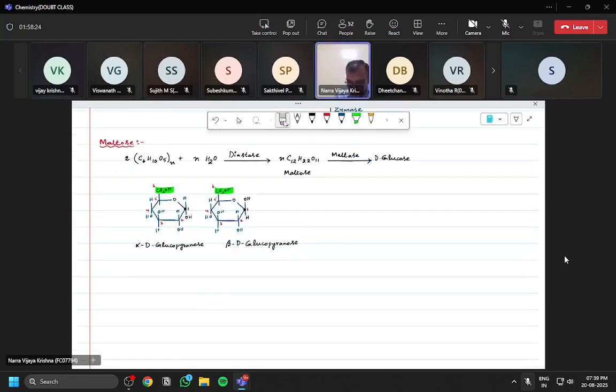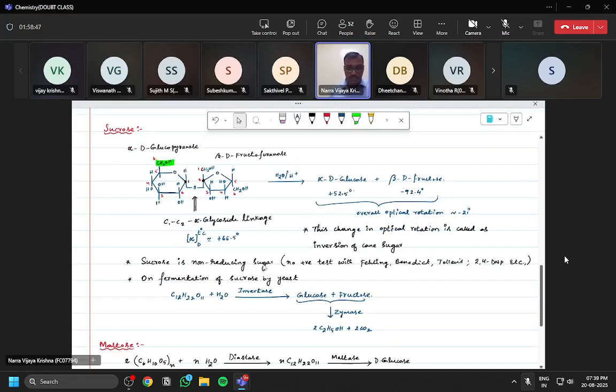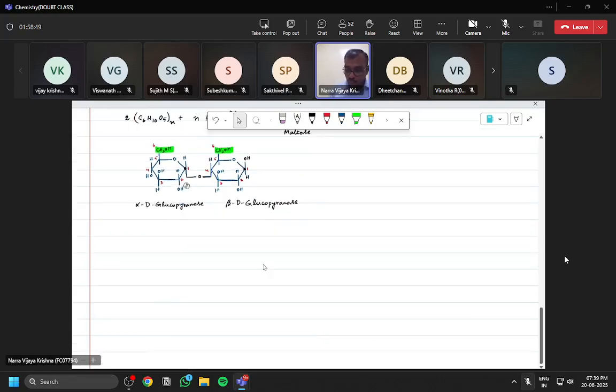Now I am eliminating water from these two. Now this is the linkage between C1 and C4, correct? See, this linkage is between C1 and C4, right? Earlier the linkage was between C1 and C2. Here it is between C1 and C4. Now what about this C1?